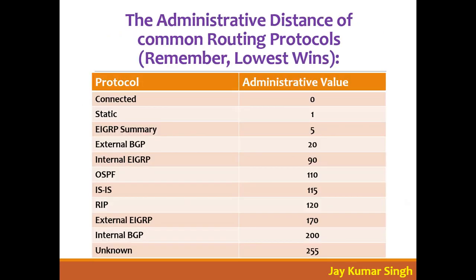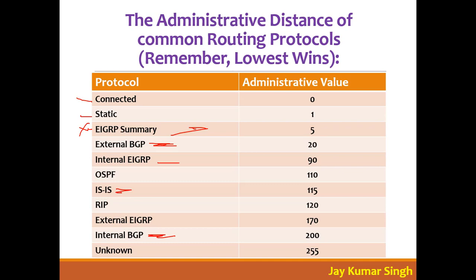Here we have some administrative distances. Connected is 0, static is 1. EIGRP, if you don't know this, don't worry, this is part of CCNP, we will see it later. BGP we are not going to see here. Internal BGP and external BGP, IS-IS, don't worry.